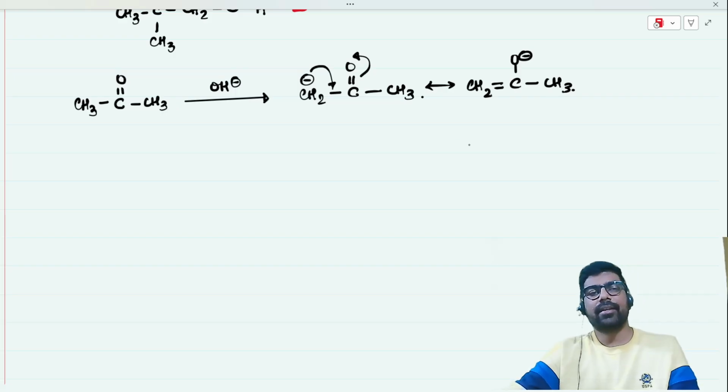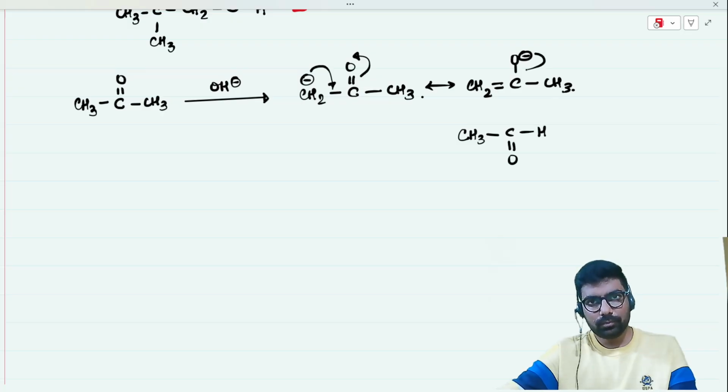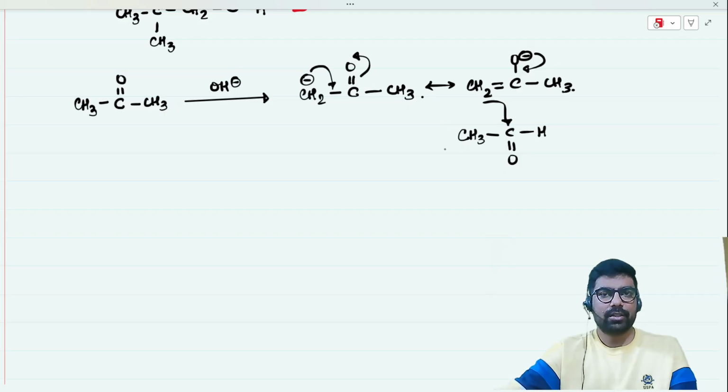Now instead of attacking an acetone molecule, it will attack the acetaldehyde molecule. So condensation reaction takes place.